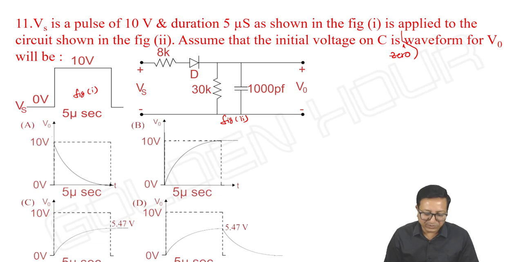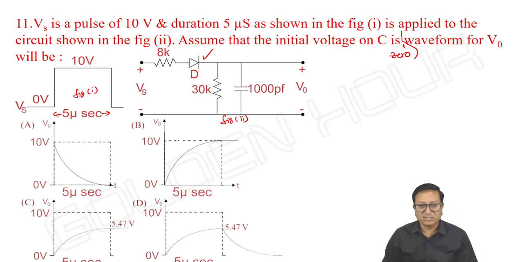Okay, how do we do this problem? See, over the time interval 0 to 5 microseconds the diode is on, and nothing is mentioned about the diode. We take it as an ideal diode, and it acts as a short circuit, so the capacitor tries to charge towards 10 volts.